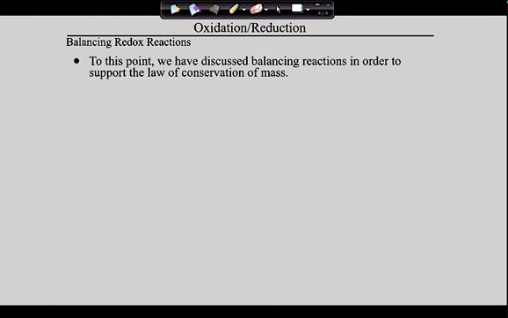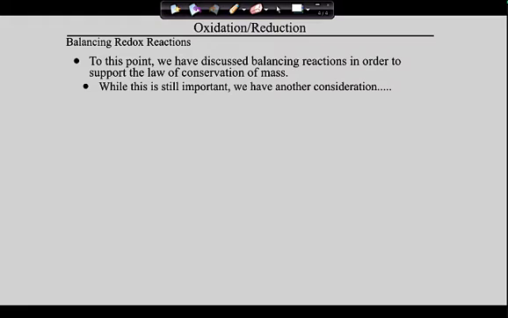So guys, here's the scoop. We are now, for the rest of this day, going to talk about balancing redox reactions. This is largely conversational. I don't know that you need to write this down, but it's about to become very practical. Up until now, when we've balanced equations, the only thing we've done is try to obey the law of conservation of mass: all of the atoms that go in have got to equal all the atoms that come out.